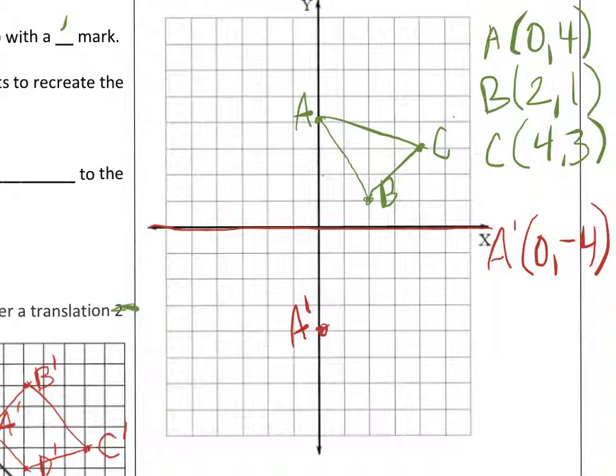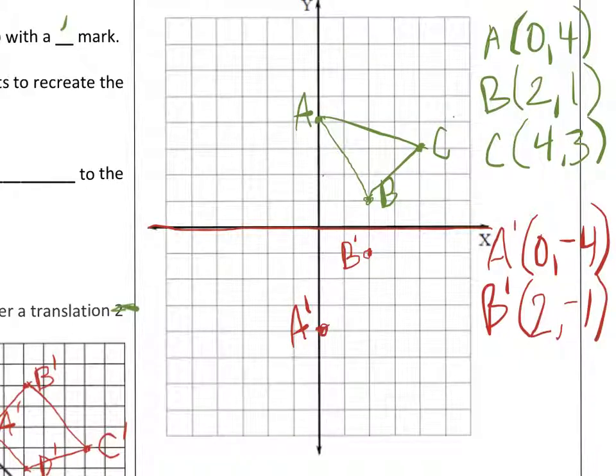Then B prime is exactly 1 unit up from the x-axis, so we're going to make it 1 unit down from the x-axis. That'll be B prime. So our new coordinates for B prime are 2, negative 1.